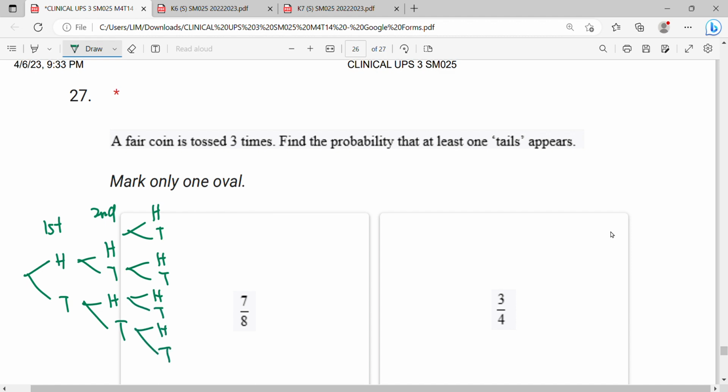So this one, saya rasa kita pernah buat, pernah lukis 3 diagram ini. HHT, HTH, HTT. You boleh lukis siap-siap, mana tahu lagi dia tanya, toss the coin 3 times, so your diagram already done. Faham tak? Sample space tu dah siap-siap dah.